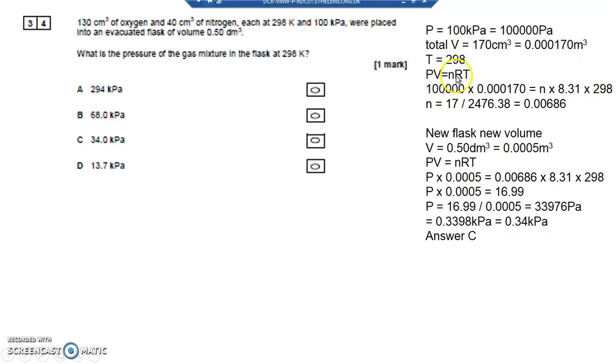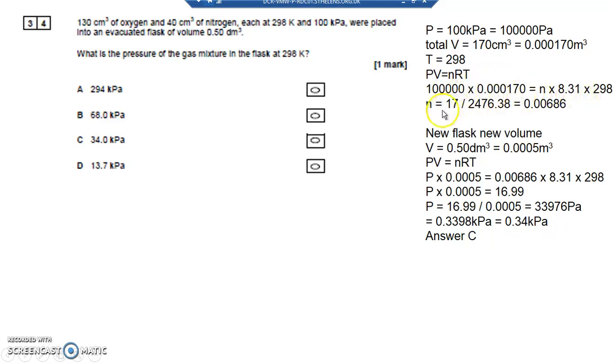Pressure times volume equals nRT. 100,000 is my pressure in pascals, multiplied by the volume, 0.00170 metres cubed, equals n, the number of moles of combined oxygen and nitrogen gas, times R times T. I'm not given the gas constant, but I was given it on an earlier question, so I can easily look that up: 8.31 multiplied by 298, the temperature.